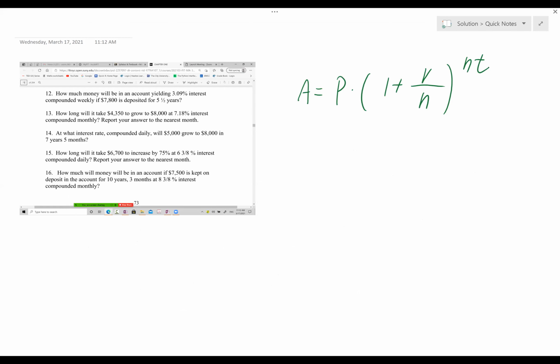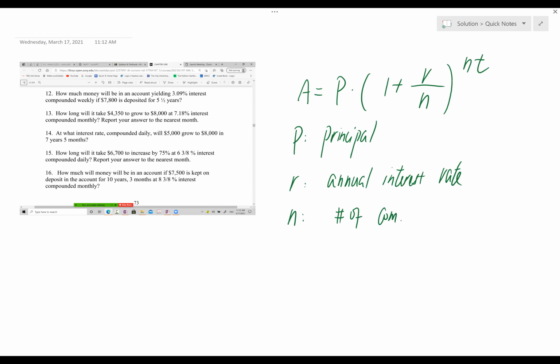Here P represents principal, R represents annual interest rate, N is the number of compounding periods per year, and T is time in years.